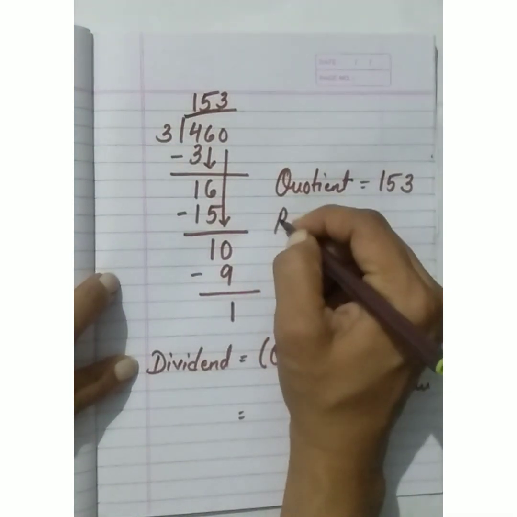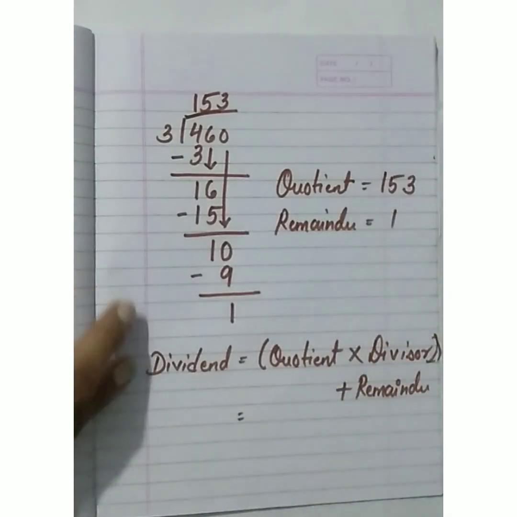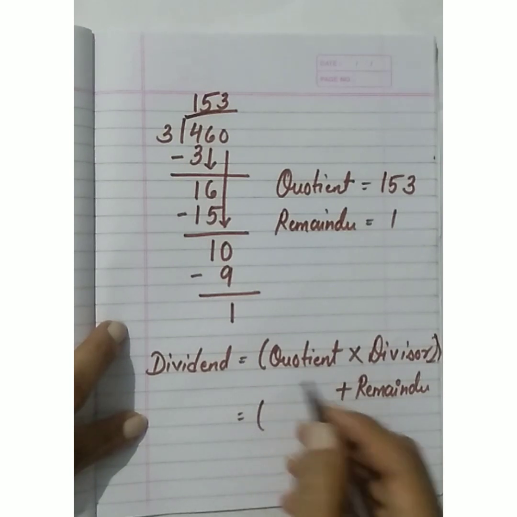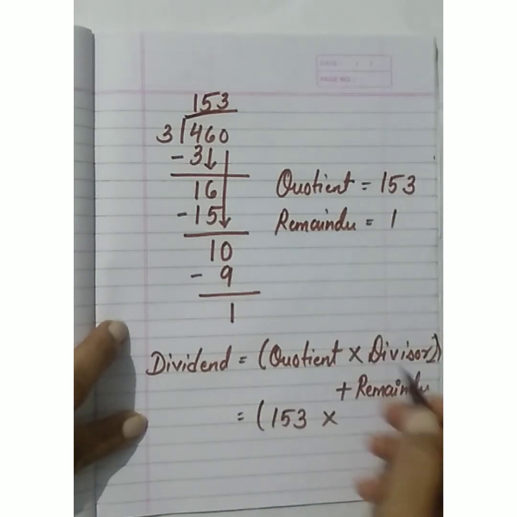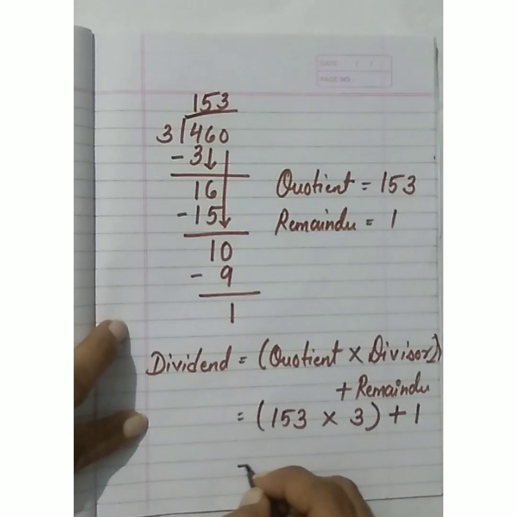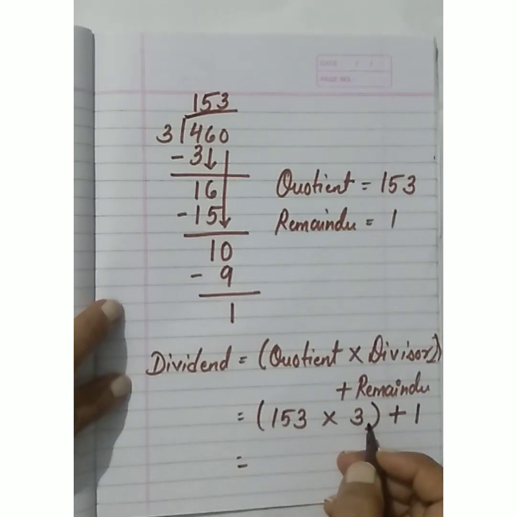So here our quotient is 153 and our remainder is 1. So let's write quotient is 153 and our divisor is 3 and our remainder is 1. So we will multiply 153 by 3.